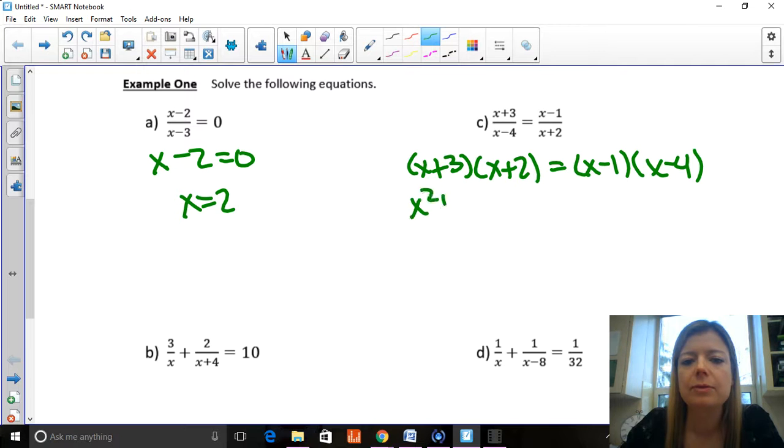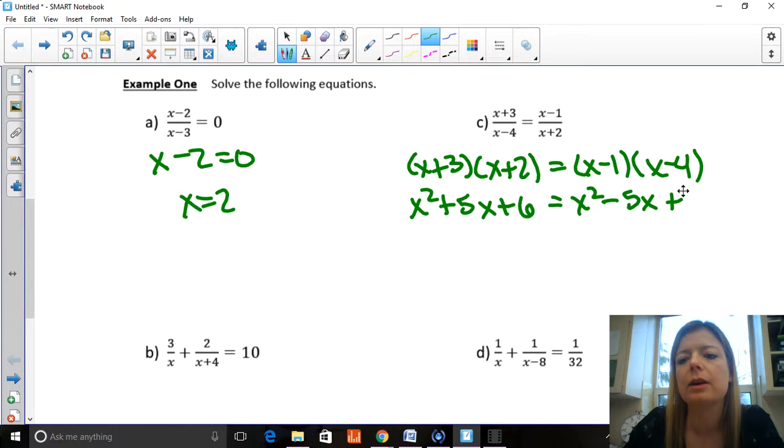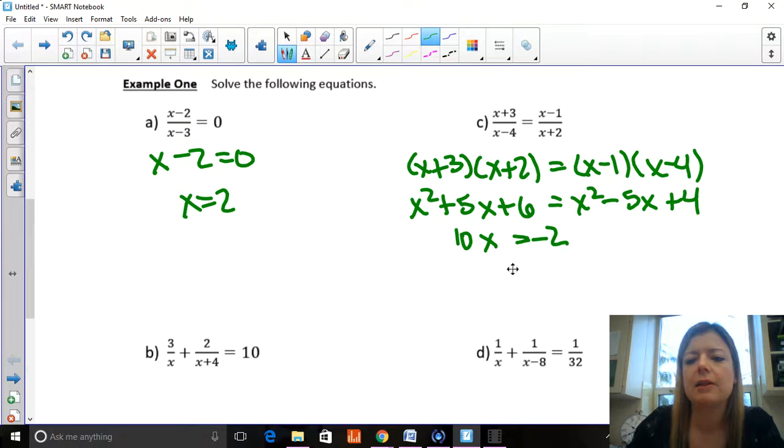So this is x squared plus 5x plus 6 equals x squared minus 5x plus 4. The x squareds cancel out, and we end up with 10x on this side equals negative 2 on this side. So x equals minus a fifth once we rearrange.